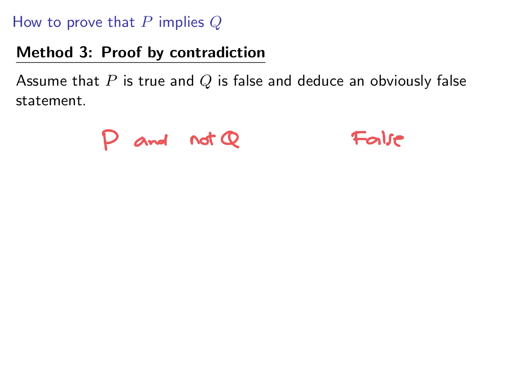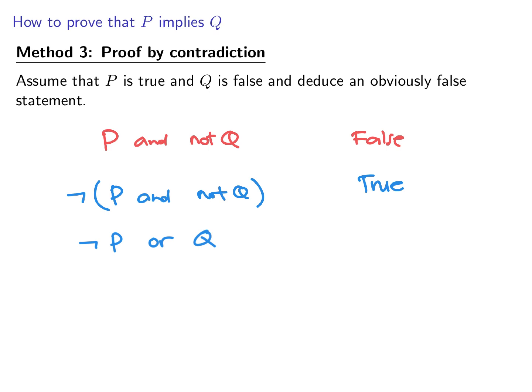Okay, so now the negation of this statement, not (P and not Q), is of course going to be true, right? But what is this? What is P and not Q? This is not P or Q, right? I'm mixing my symbols here, but you know what I mean.